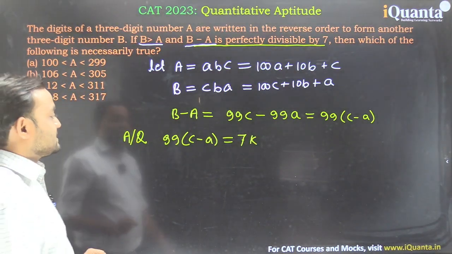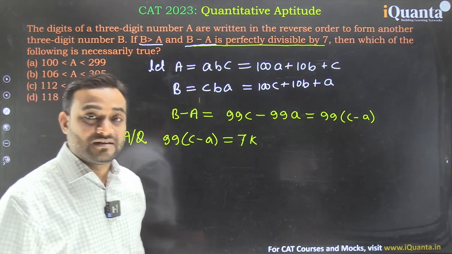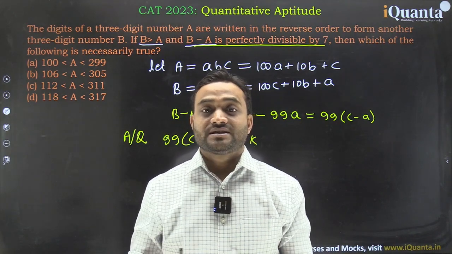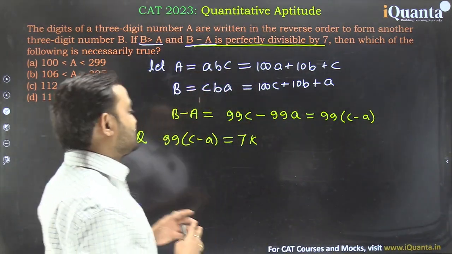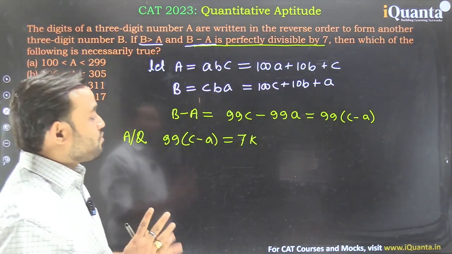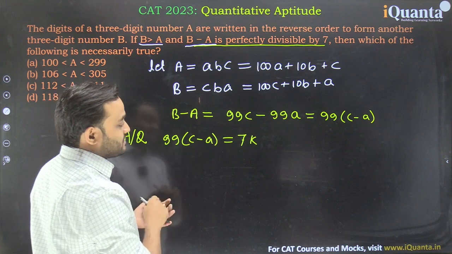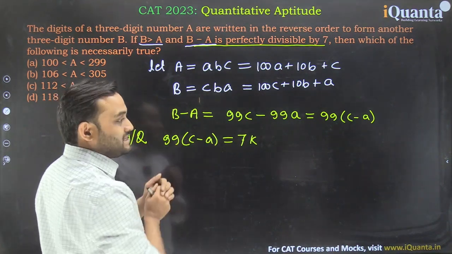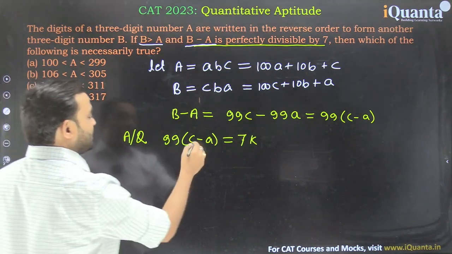Now think about this, C and A. As these are used in a 3-digit number, A is 1, 2, 3, 4, 5, 6, 7, 8, 9, and same for C, these are nothing but digits from 1 to 9. Now 99 is not a multiple of 7, right? Which of these could be a multiple of 7? To balance the equation, can we say C minus A must be a multiple of 7?